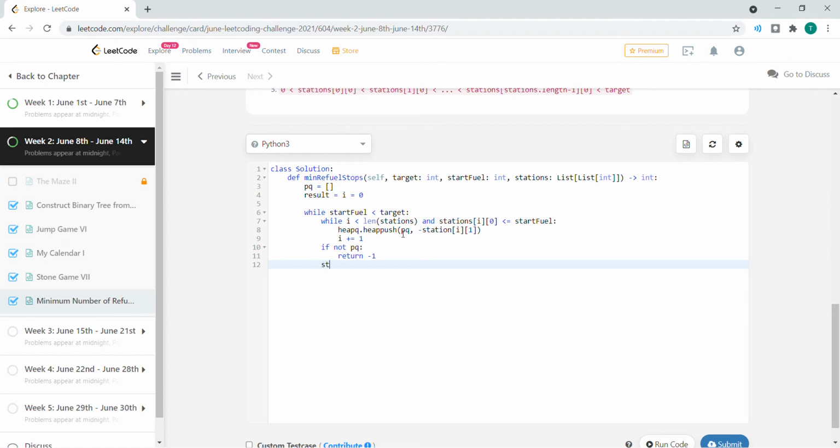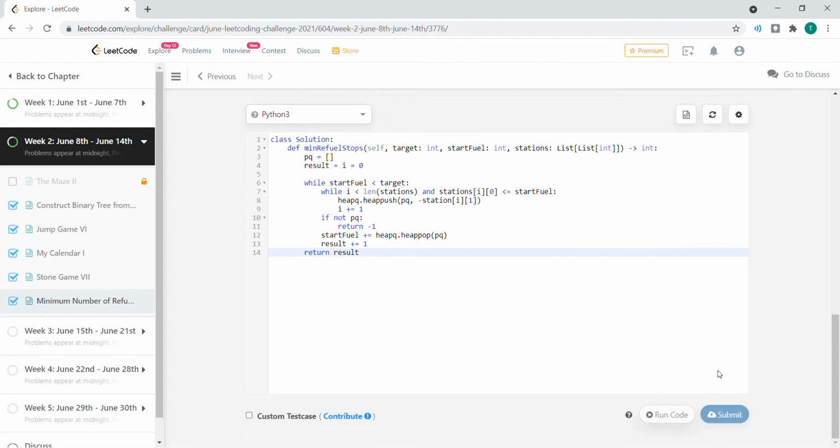Here's your refueling step: you want to add the fuel by popping off from the heap, the heap pop from your priority queue. And then you want results to increment by 1, because you are refueling. That's one of your refueling stops. At the end of the day, you want to return the minimum number of refuels, so results.